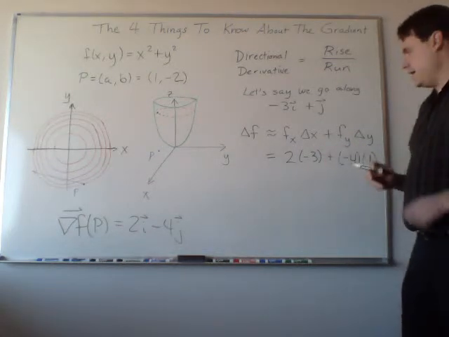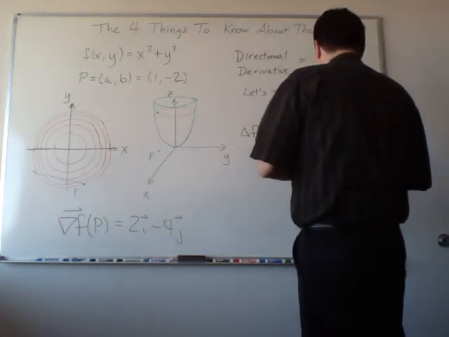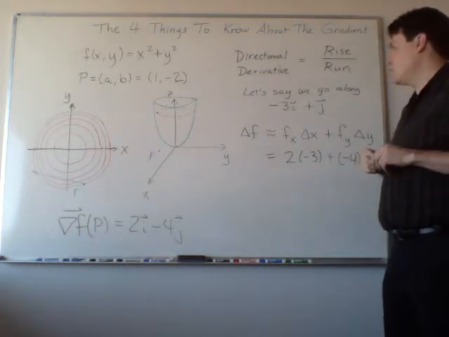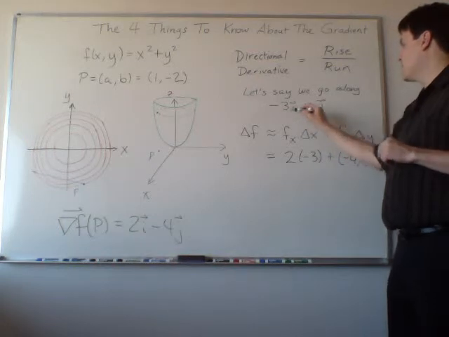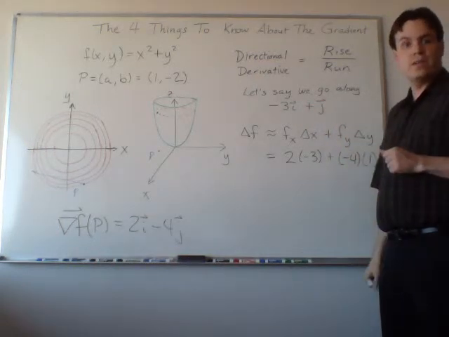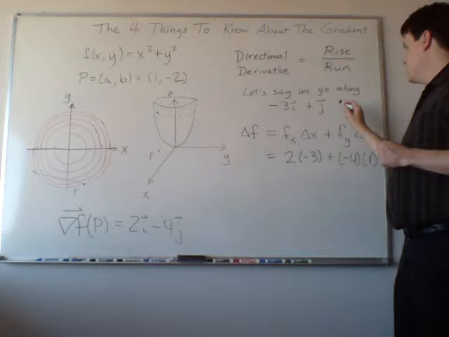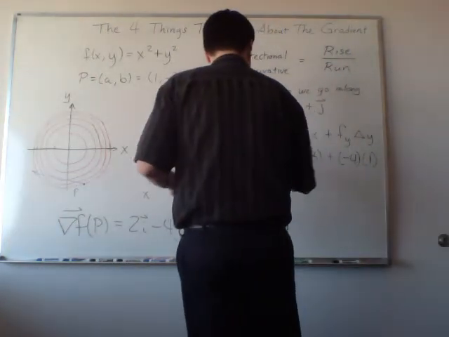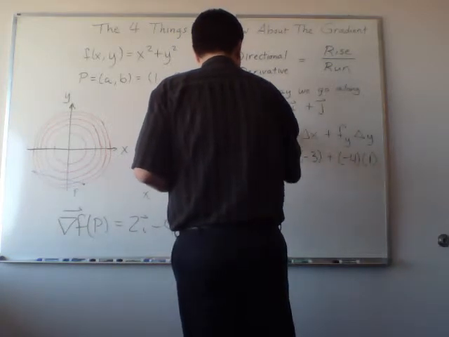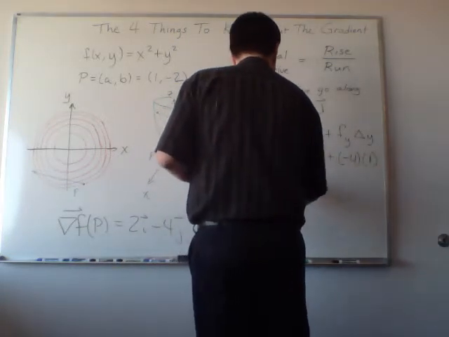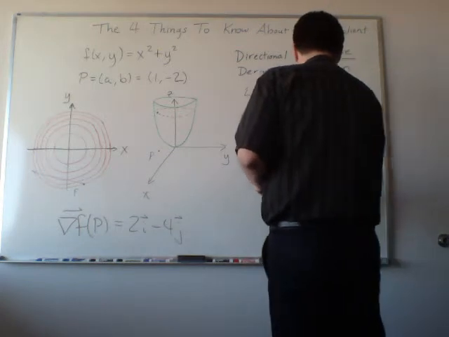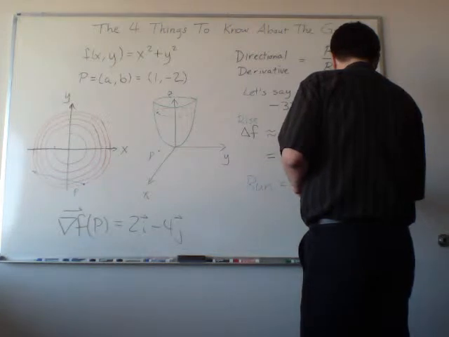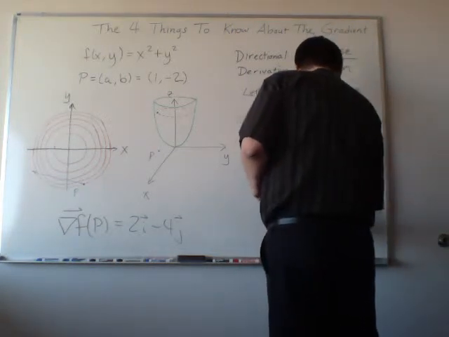Now let's have a look at the run. That is the amount of travel I do in parallel to the xy plane. Well, the travel that I'm doing is along the vector negative 3i plus j, so I can figure out exactly how far I've gone. So this is my rise, and now my run is going to be the magnitude of this vector, which is square root of negative 3 squared plus 1 squared, which is square root of 10.